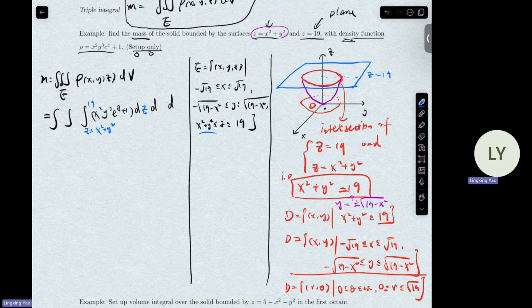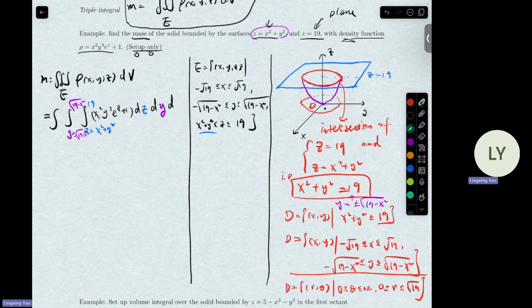All right, and then we treat this as a type 1 region. So we're going to integrate y as the variable for the middle integral, which is from negative square root of 19 minus x squared to positive square root of 19 minus x squared.